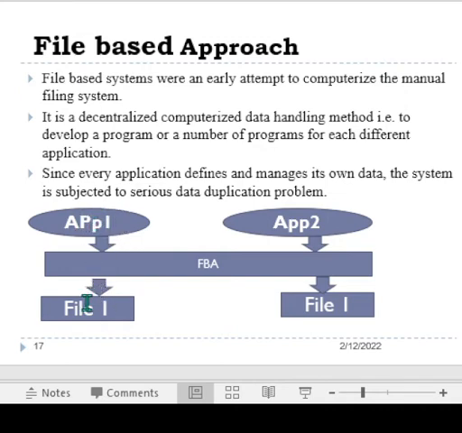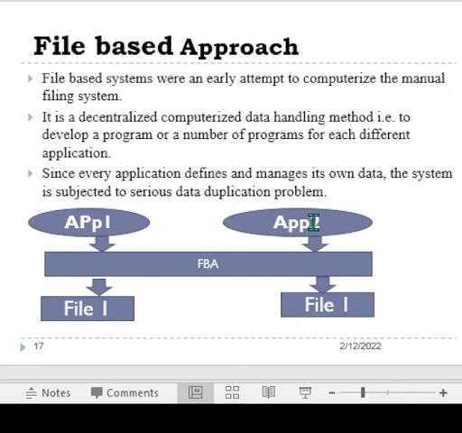For example, the Ababe Faisa file is stored in a database, but the metadata of Ababe Faisa is stored in application 1 only. So we cannot retrieve the metadata stored in application 1 by using application 2. That means there is no integrity between the applications.